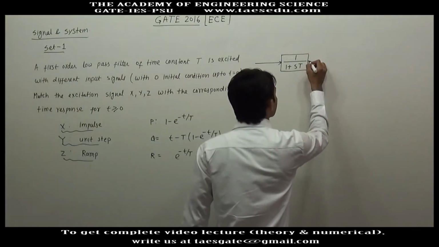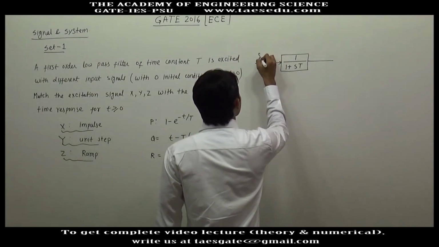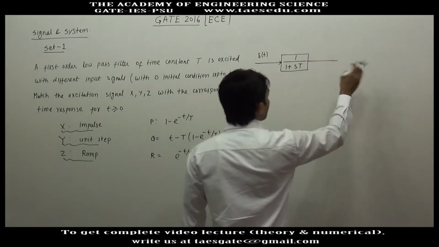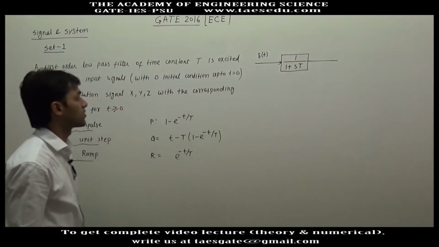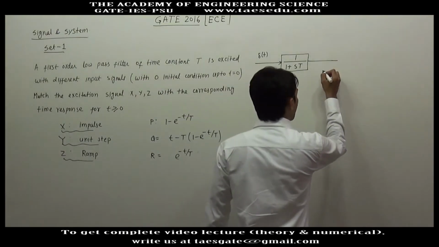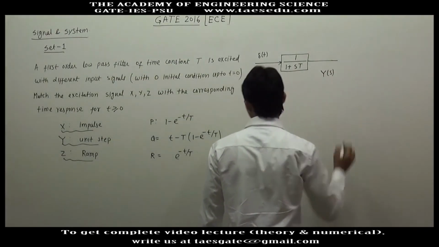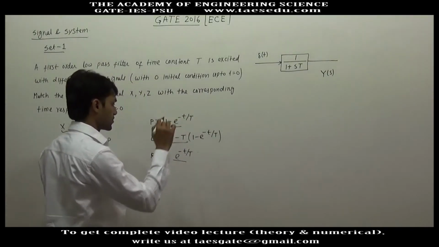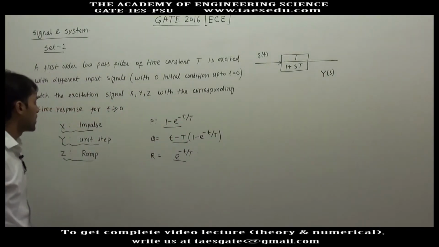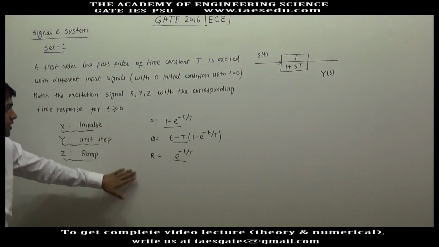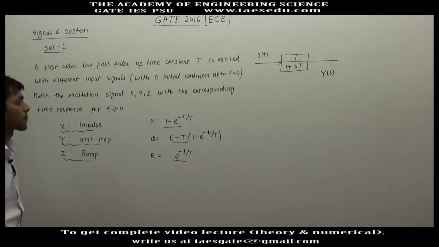Okay, so one method is we give an impulse here and we find out the output. Or what we can do, let us find out the output in Laplace domain and take Laplace of all these outputs in the options, and then match the Laplace of output due to input and Laplace of these options.